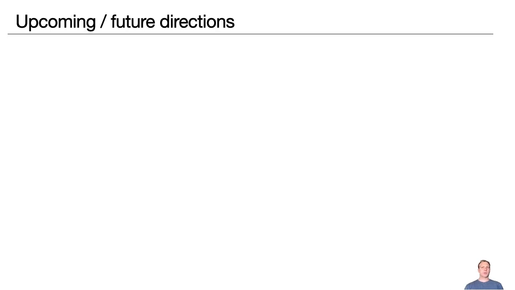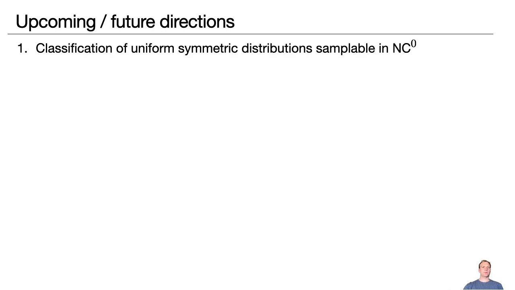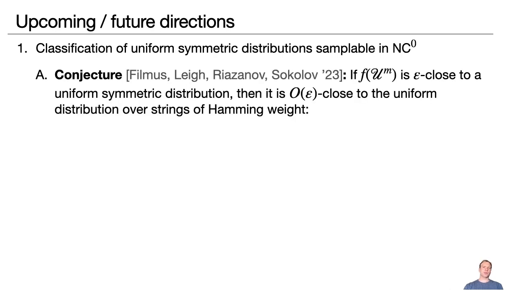Okay. Let me conclude with some upcoming and future directions. One thing that you could ask about is to restrict yourself to the case of constant locality and say, what can I sample in this setting? There's a really nice conjecture by Filmus, Ryazanov, and Sokolov. It says that if my output distribution is close to some uniform symmetric distribution, then it's in fact close to the uniform distribution over strings of Hamming weight belonging to some set.